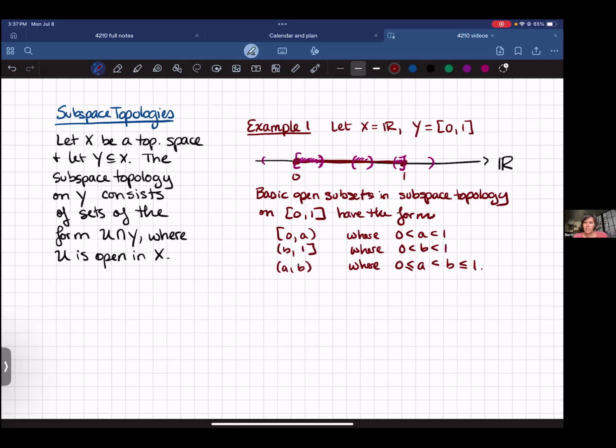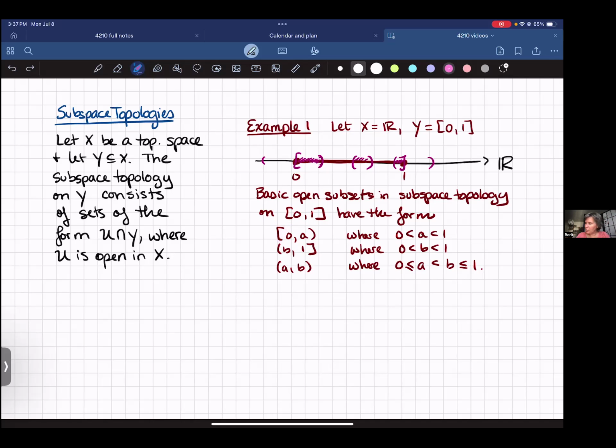So it's interesting because the basic open subsets in this subspace topology don't necessarily look open. Some of these seem like they're not open because they have a closed interval at one end. But the idea is that my universe has this wall right there at 0. And so the basic open sets, when they hit that wall, just stop there and can include that point.